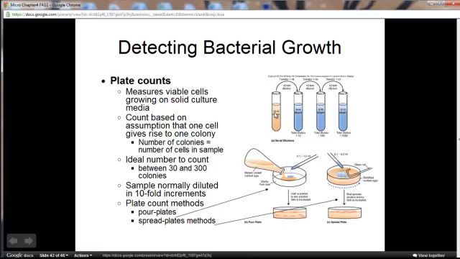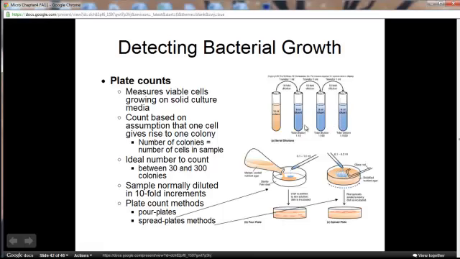So again, if this was 100 cells, we would assume that we would have transferred 10 cells here, and then 1 cell here. So your total dilution is going to be 1 in 100. And you may continue this process over and over again until you reach dilution numbers of 1 in a million or 1 in a billion. It may take that much to get down to isolated colonies.